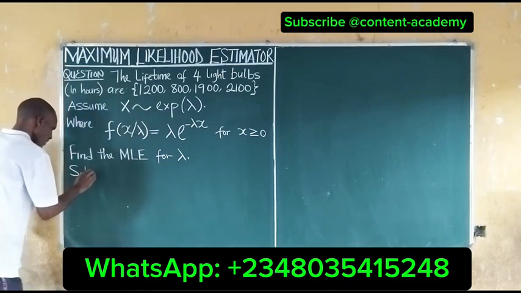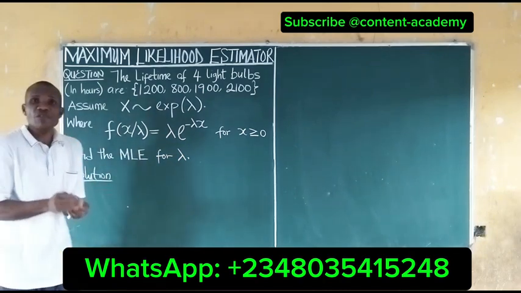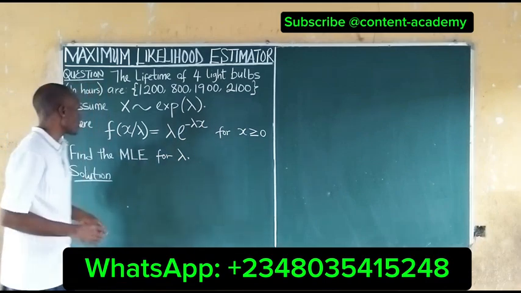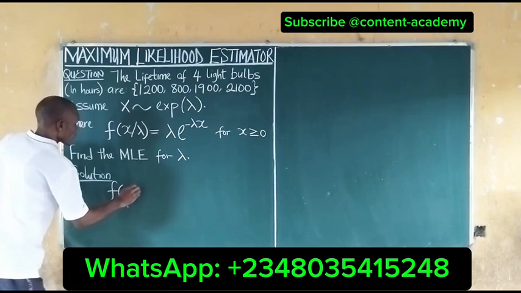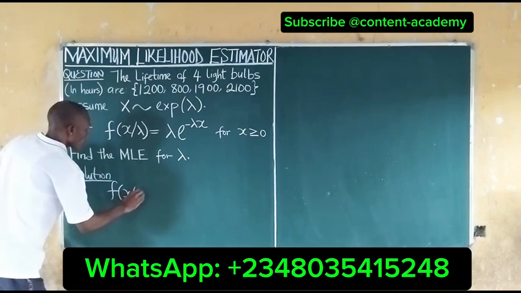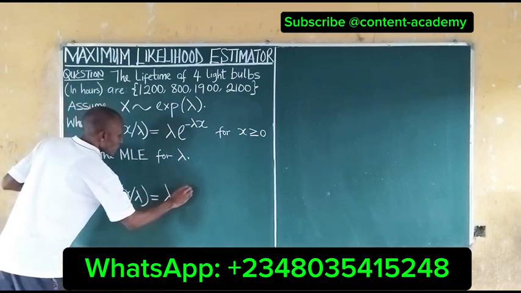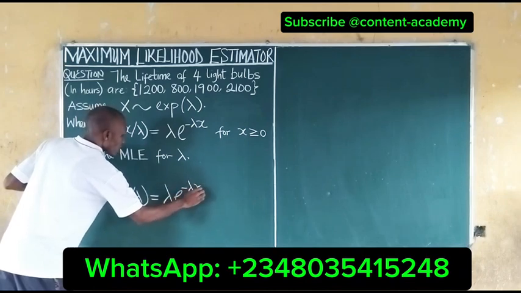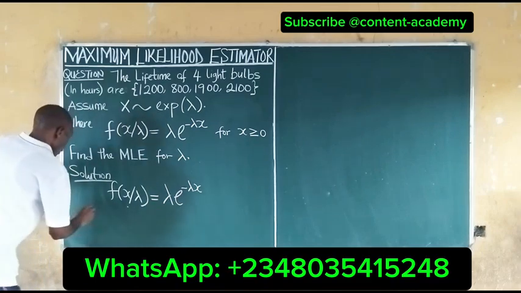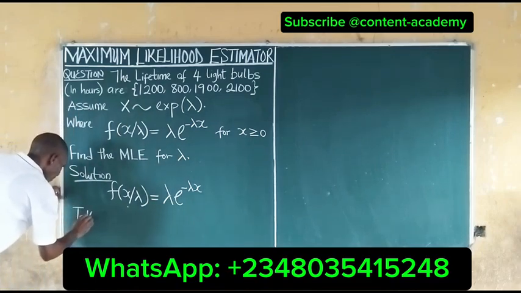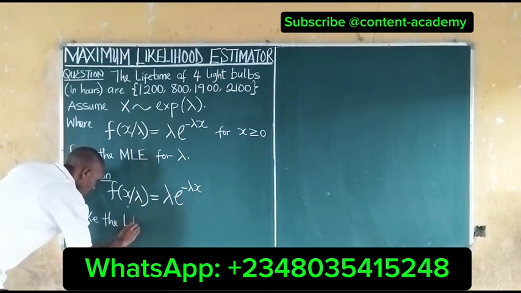Solution. We'll still pass through the normal process in solving for maximum likelihood estimators. So if we are given f of x equal to lambda exponential negative lambda x, the first thing to do is to take the likelihood function.